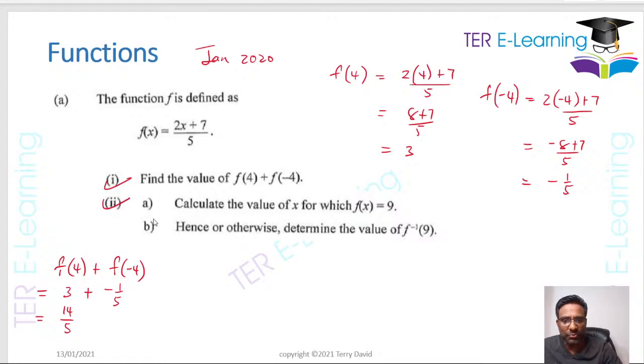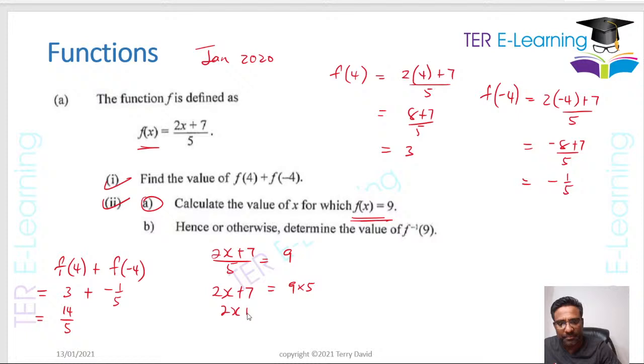In part 2, part A, calculate the value of x for which f of x is equal to 9. Now, when you get a question like this where they say f of x is equal to 9, this is my function here. So if f of x is equal to 9, all I'm going to do is put the function equal to 9. So 2x plus 7 over 5 is equal to 9. Therefore, 2x plus 7 is equal to 9 multiplied by 5.